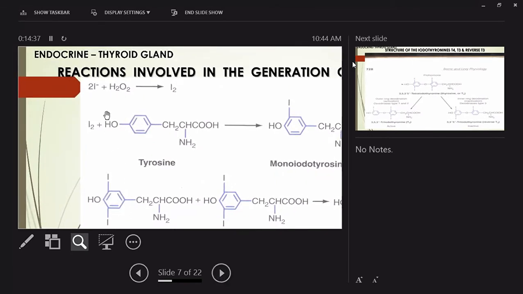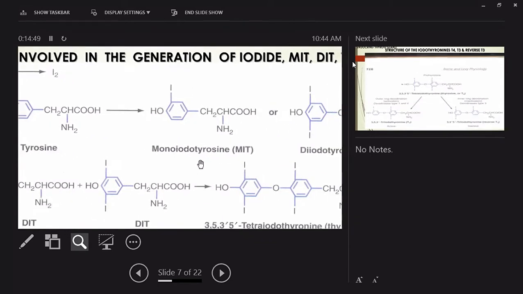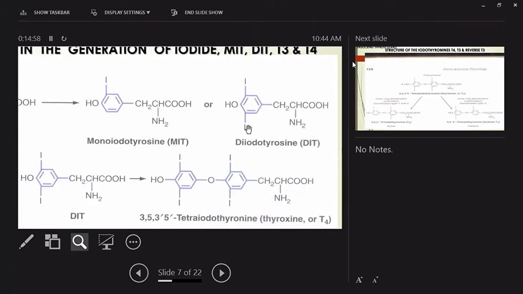Iodine plus hydrogen peroxide will form your iodide, plus tyrosine will form your monoiodotyrosine, or will form your diiodotyrosine.